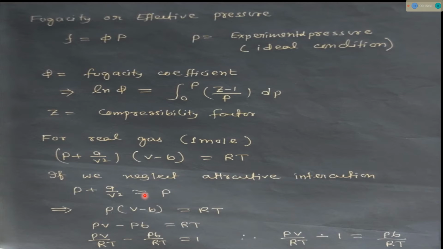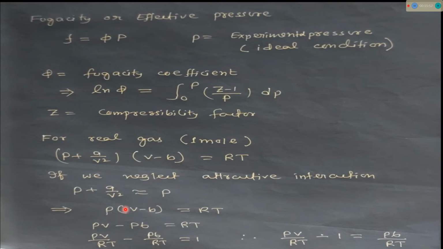So we can write P plus a upon V square close to P, because we neglect a upon V square, so this term is close to 0. We can write this whole term as only P.